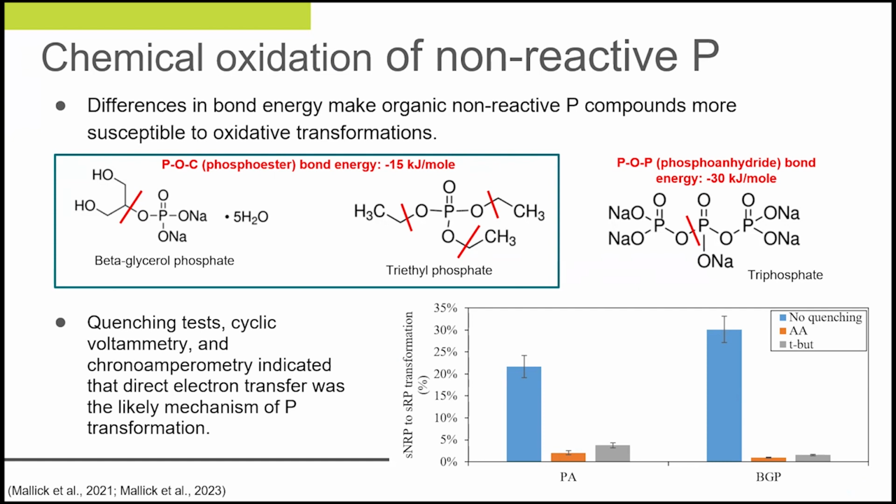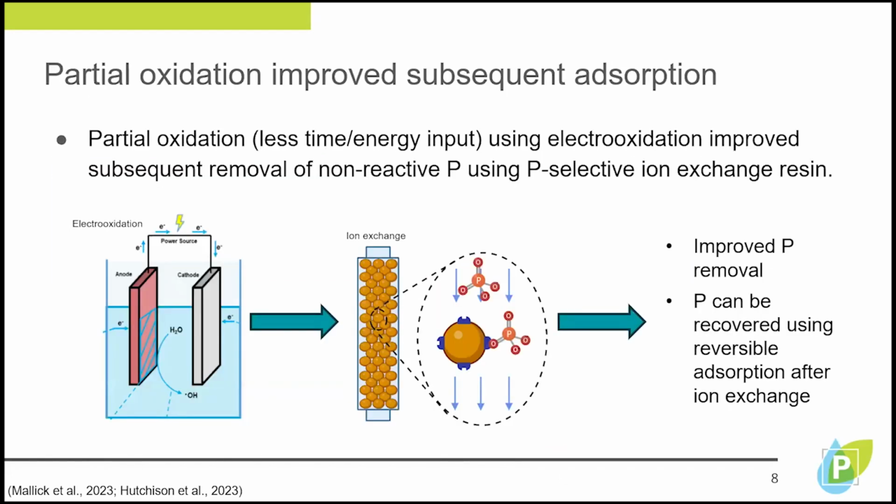The only reason that's important to us as we think about engineering a system is that it could help with the design of the electrooxidation system. This tells us the electrode itself matters. We might think about surface area or things like that that could encourage some of that transformation of non-reactive phosphorus.